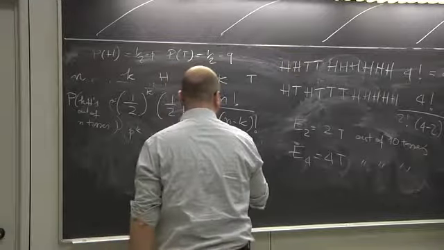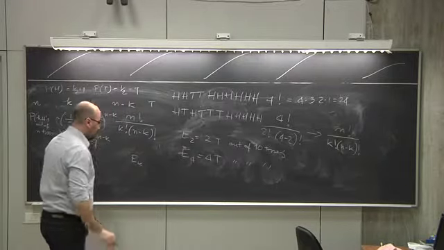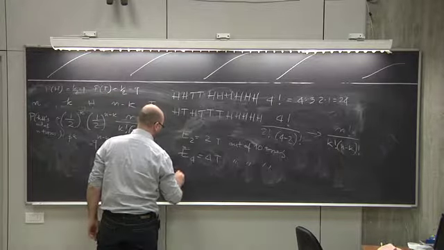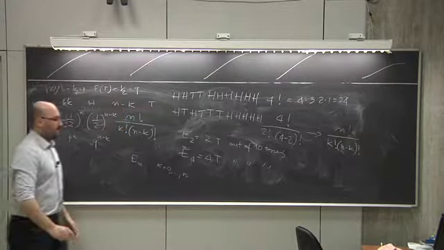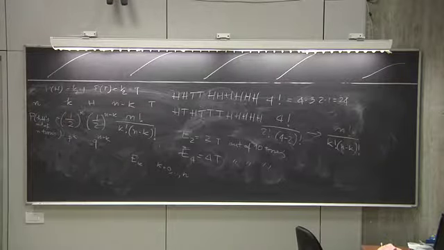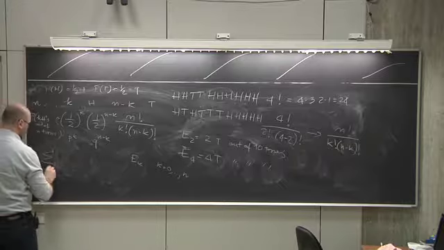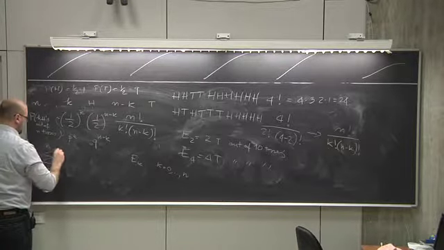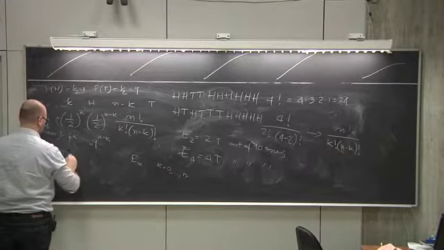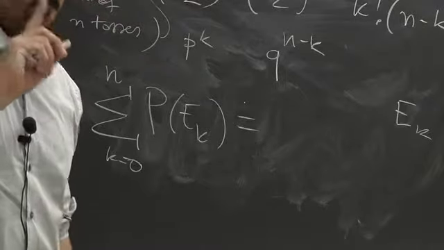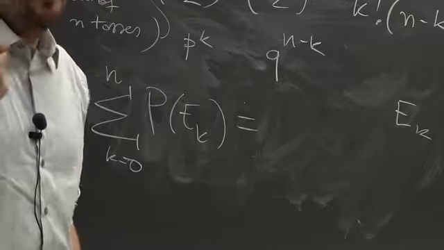All the events E_k, for k going from 0 to n, are mutually exclusive. And therefore the sum of their probabilities, and not only are they mutually exclusive, but they are the only possibilities.